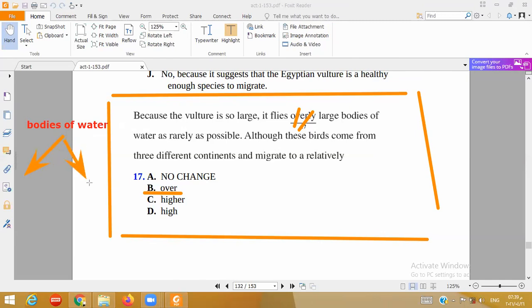Come on, guys, that's easy. I mean oceans, rivers, lakes.